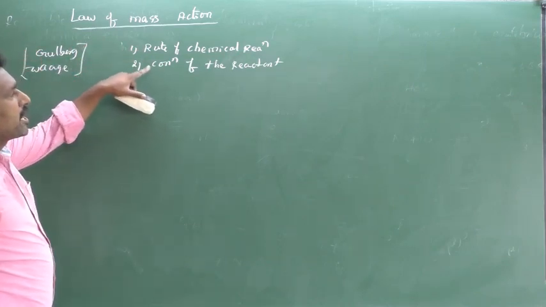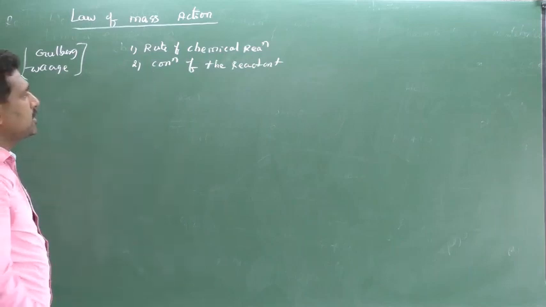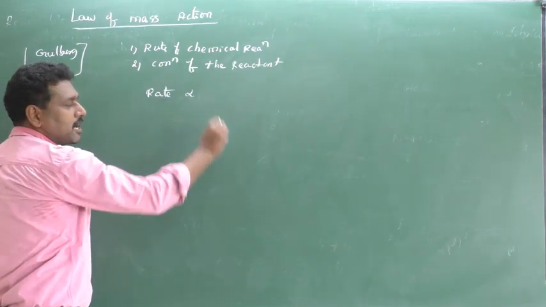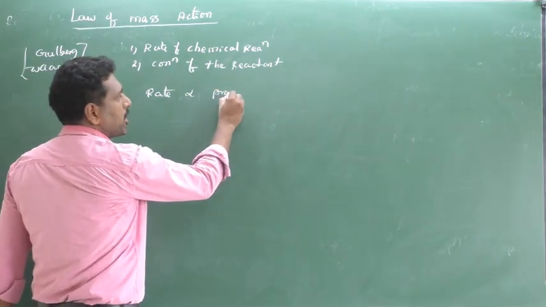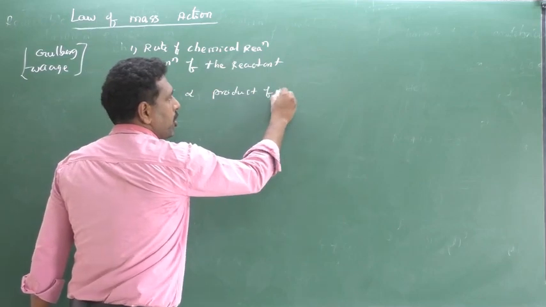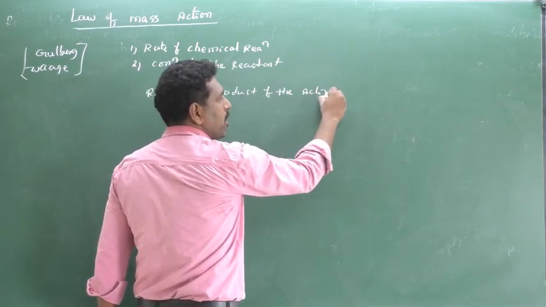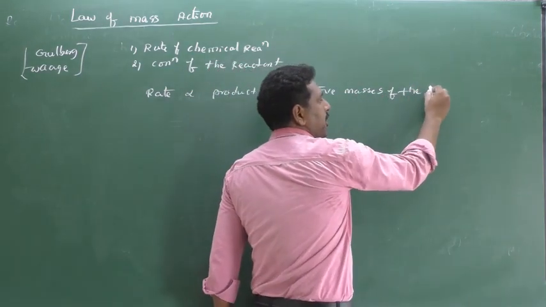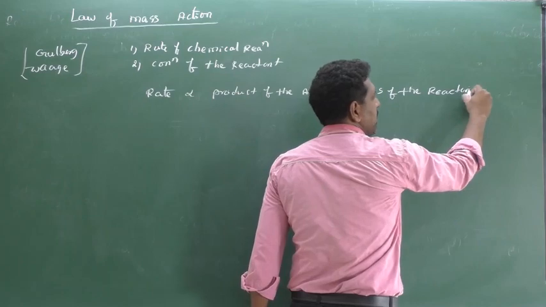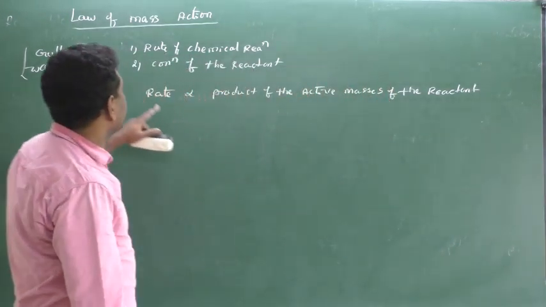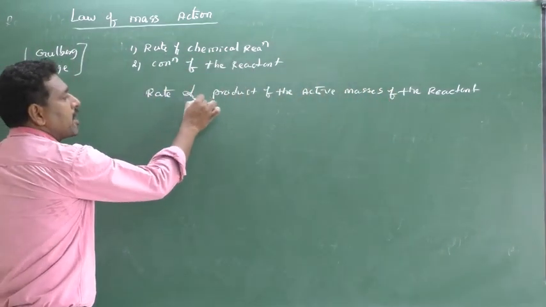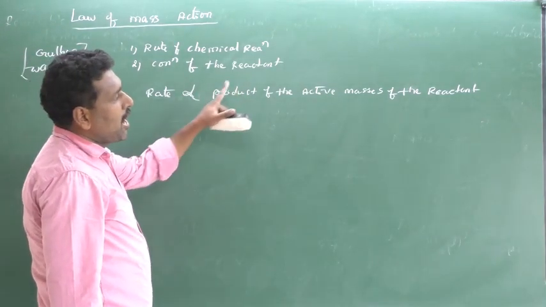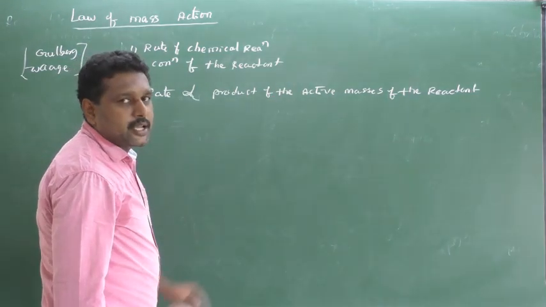The statement of the law: the rate of reaction at a given temperature is directly proportional to the product of the active masses of the reactants. So the rate of chemical reaction is directly proportional to the product of the active masses of the reacting substances.